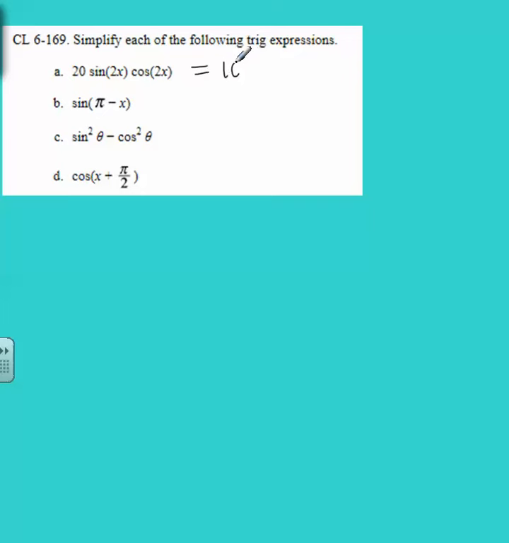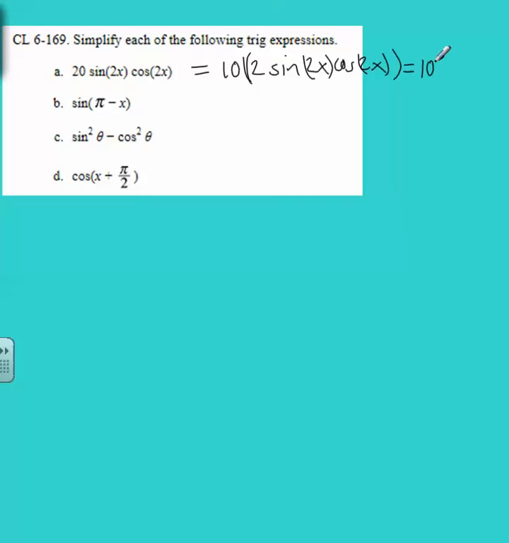factor the 10 out so that it's 2 sine 2x cosine 2x. Now this part can be replaced with sine of 2x. 2x is my alpha.